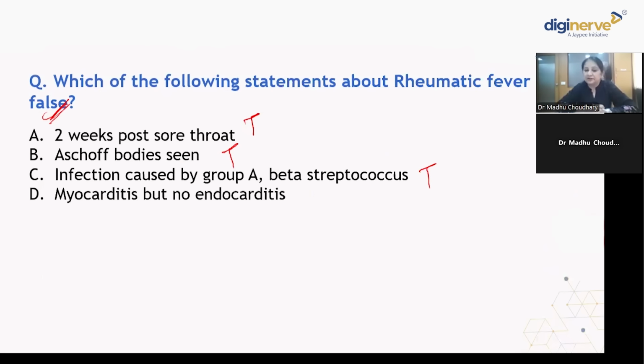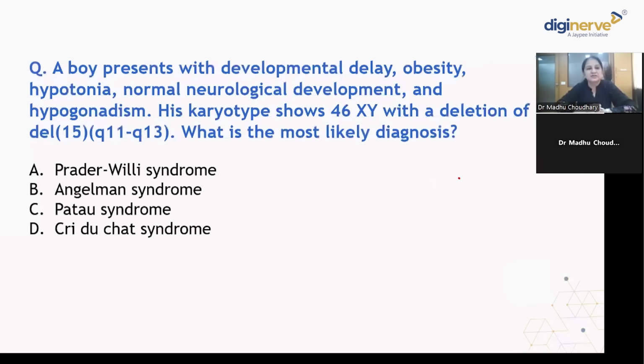Myocarditis but not endocarditis, no, this statement is false. Why? We do not see only myocarditis. We can see myocarditis in some patients, but not only myocarditis. In fact, we can see pancarditis, right? So D is the incorrect statement and the correct answer. All right, let's move on to the next question.